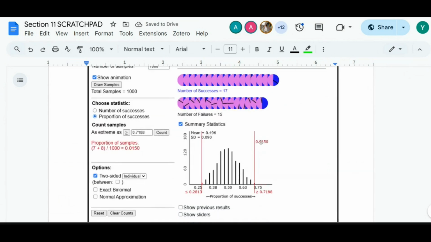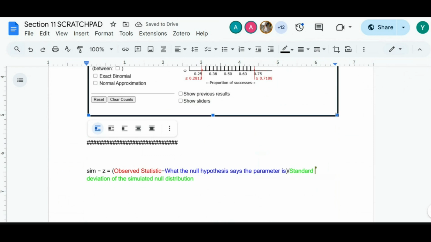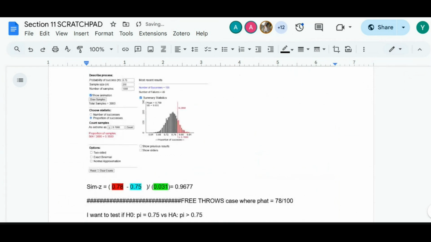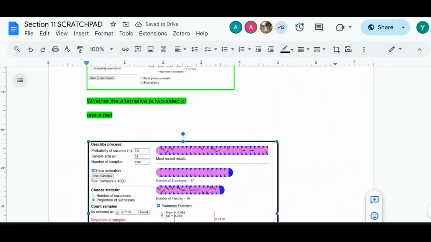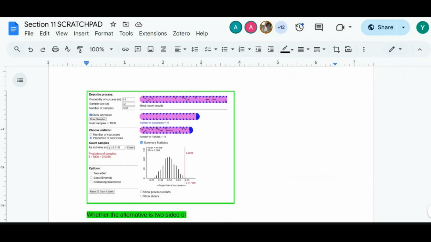Whether an alternative is one or two-sided, first of all, I want to show you the physical representation of that on the graph. You can see that all the tests you have done so far are clearly one-sided. You only look at one side. A two-sided test looks at, surprise, surprise, two sides. What do I mean by two sides?